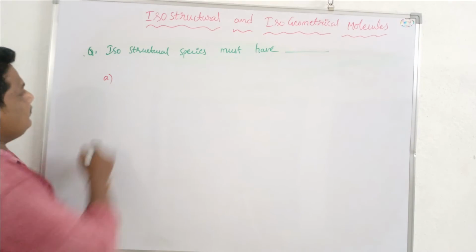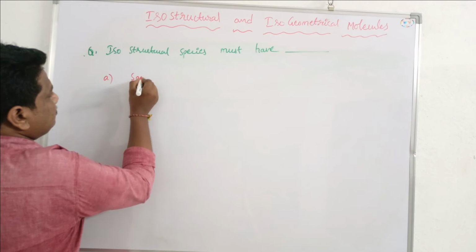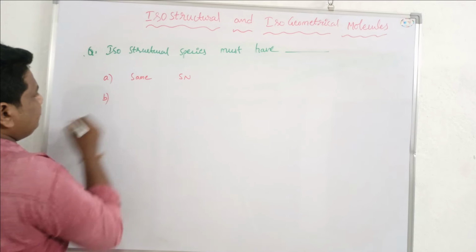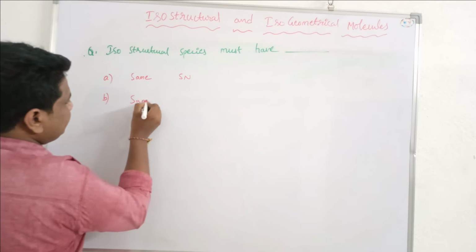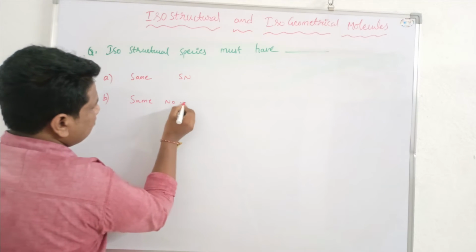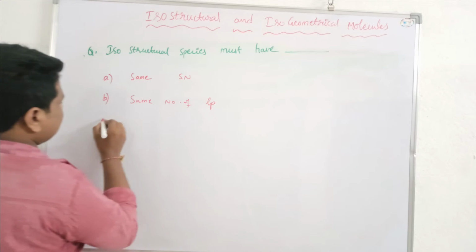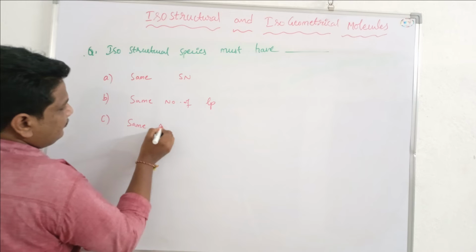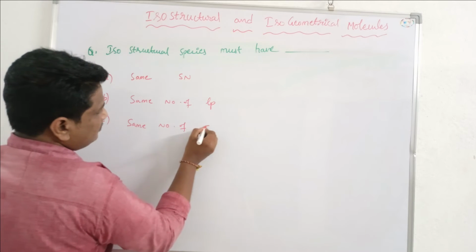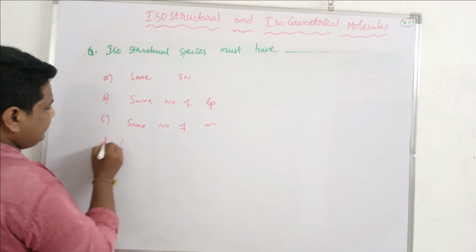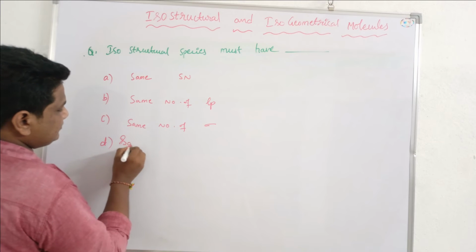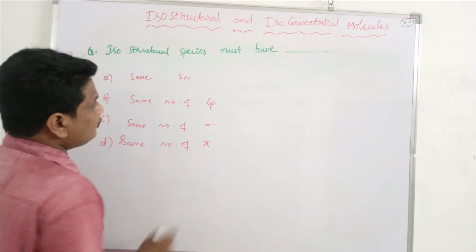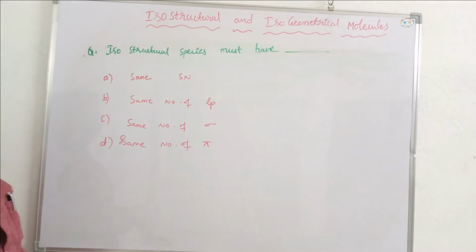Option A, same steric number. Option B, same number of lone pairs. Option C, same number of sigma bonds, and option D, same number of pi bonds. So which one is correct?